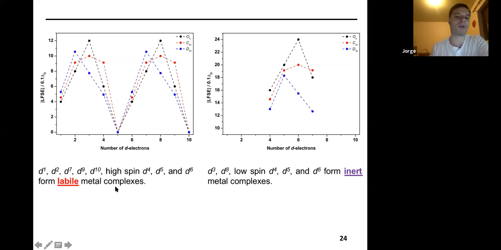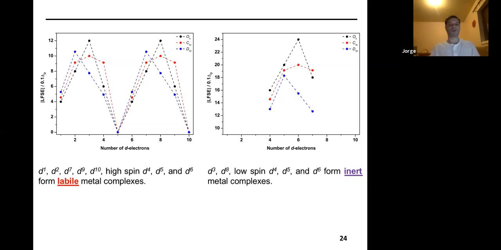So that's why we always start with cobalt 2 plus, because it will always form labile metal complexes, and then at the end oxidize to cobalt 3 plus, and then you will form an inert metal complex. And that's the reason that when people started studying metal complexes, cobalt 3 plus was the favorite, because usually it is very stable in solution.